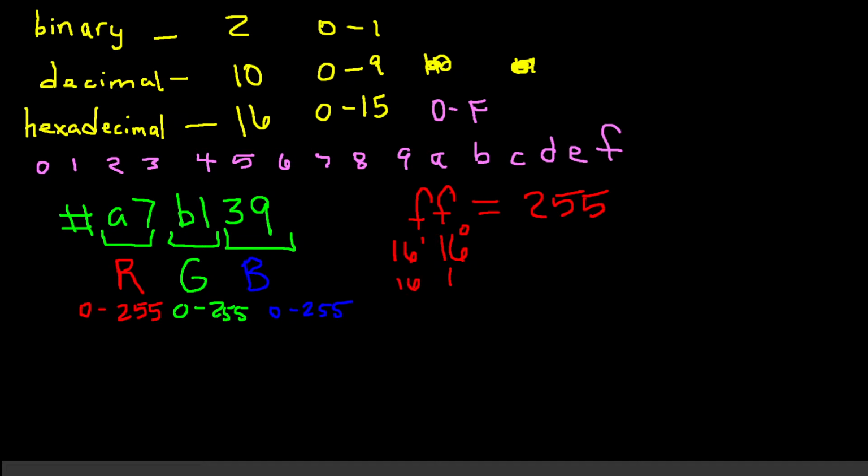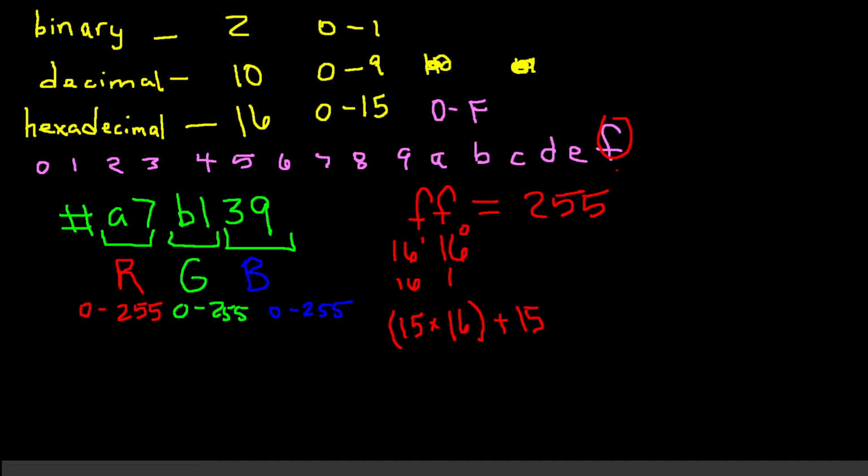So what we can do here is basically just take this number times 16 plus this number, and that gives us our value. If we look at FF here, it's 15 times 16 plus 15, because F represents 15.